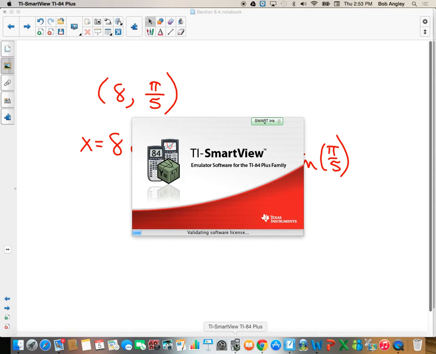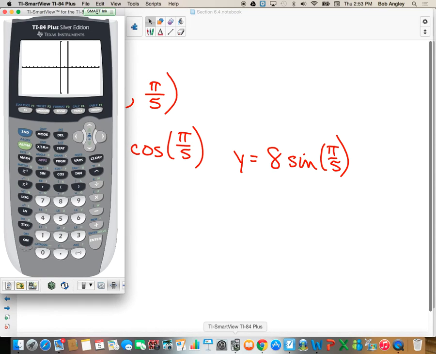There are a couple little things that we have to establish. Let me go to mode here and make sure I'm in function mode. Do I need to be in radian or degree here? Radian, because there's no degree sign. Now on a blank screen, we're just going to type 8 cosine and then second pi.